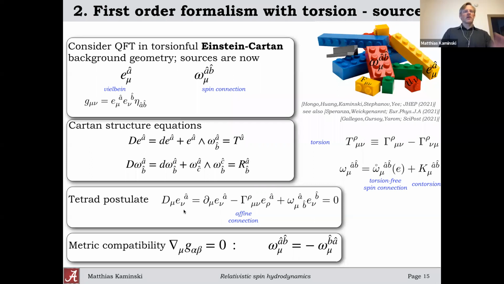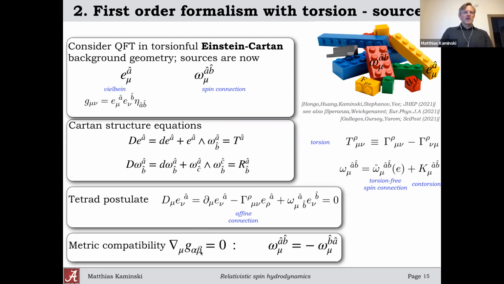Okay, so this tetrad postulate we obey because it is kind of on the same order as saying we want metric compatibility. That's a similar statement here in the first order formalism, and we are free to make that choice.